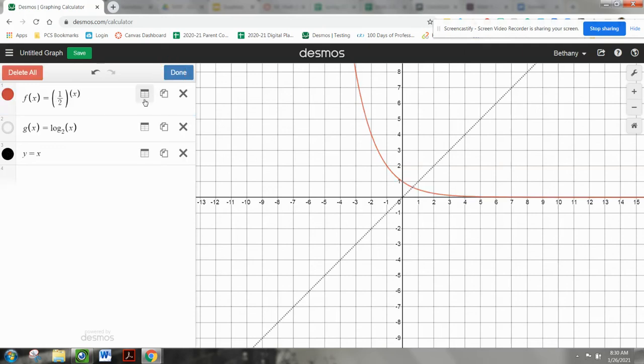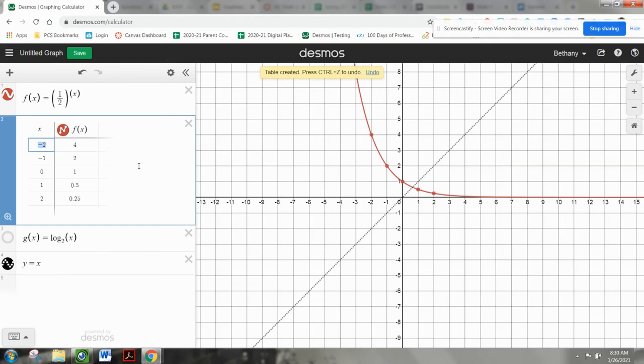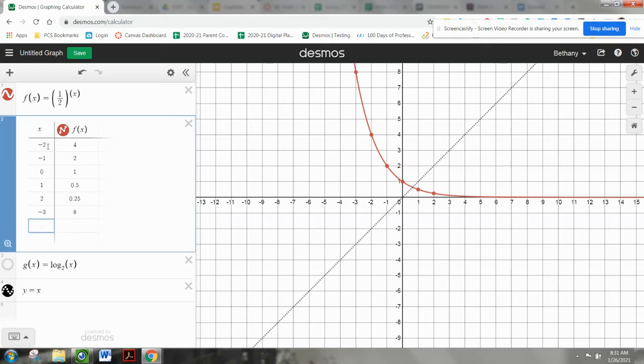Let's make a table of this. You'll notice I have the same x values and the same y values, but they're inverted. So I'm just going to add -3 in here so you can see -3 is actually what would give me 8.